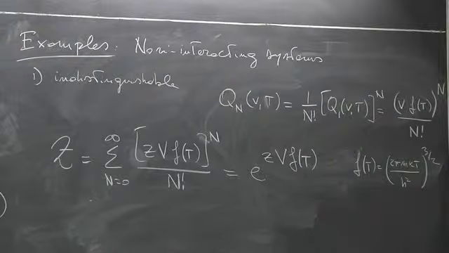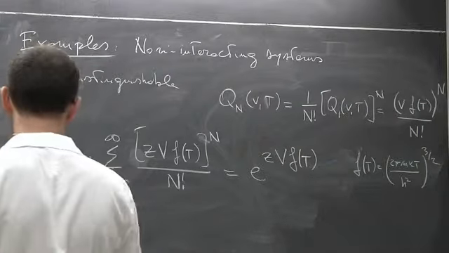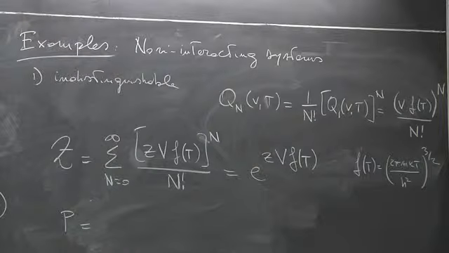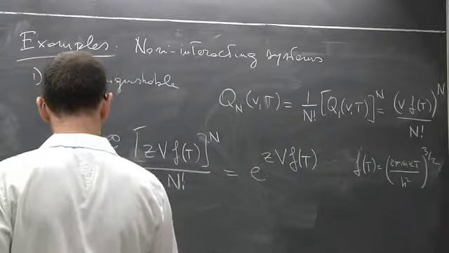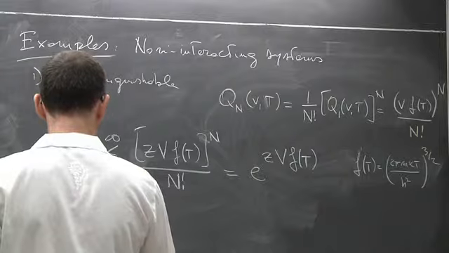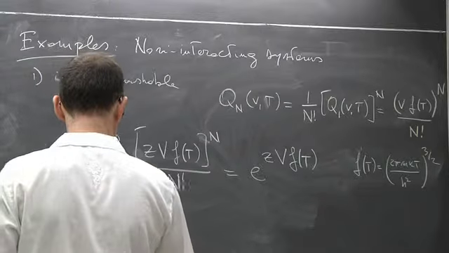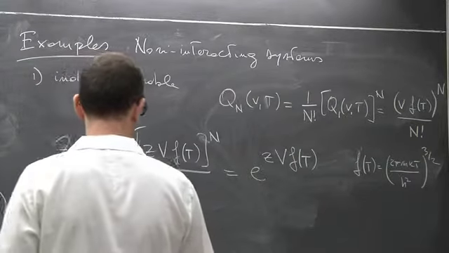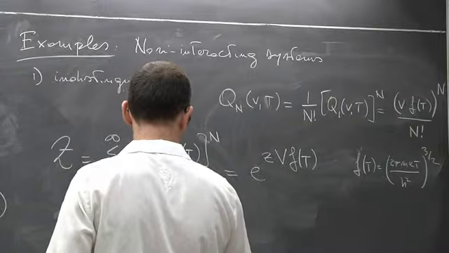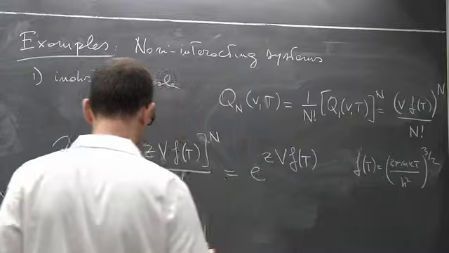Now you see, the recipe is that if you take the log of this, so for example, we want to compute the pressure. The pressure is the log of big Z, which is equal to z v times f of t.